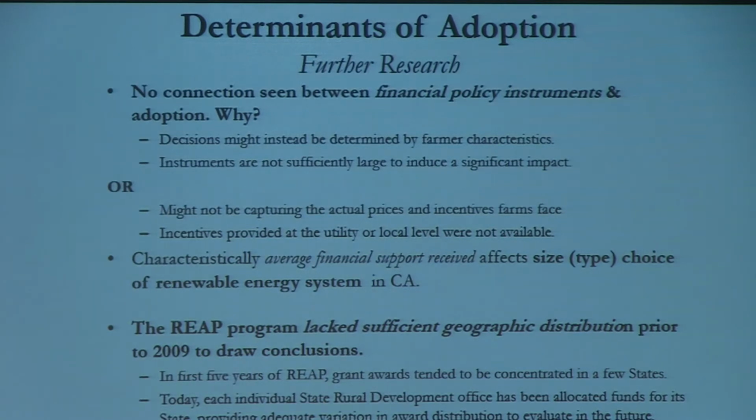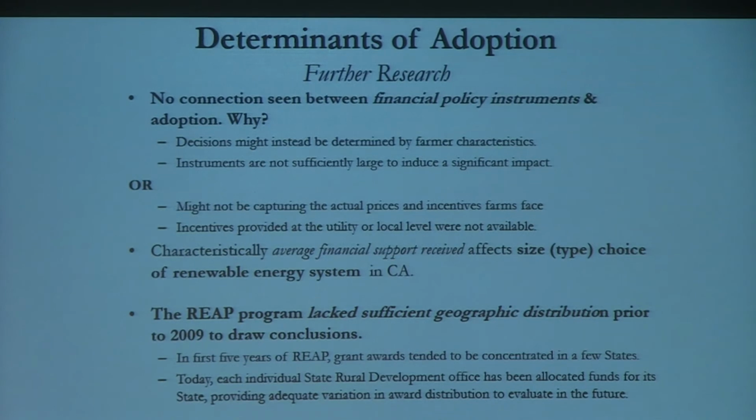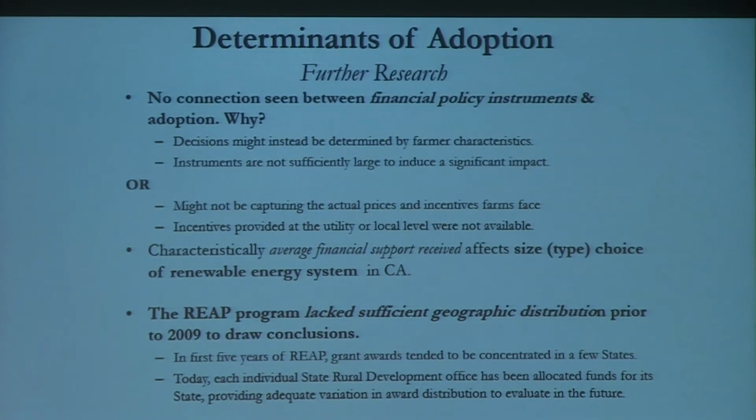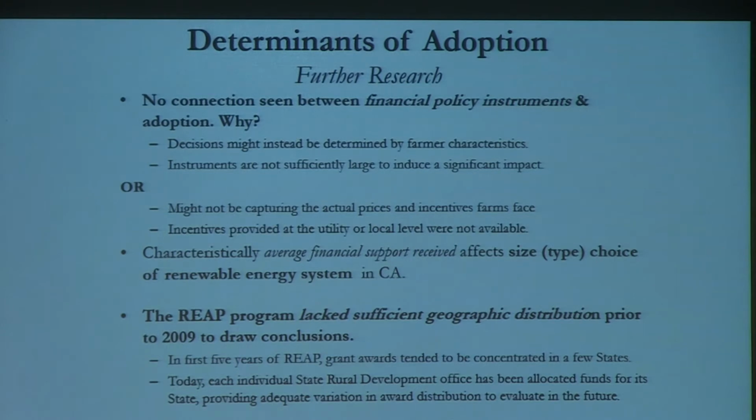In terms of other research, we are interested to figure out why we don't see a connection between financial policy instruments and adoption, especially because when we look at the average financial support received we see that it affects the size and the type that is chosen for the renewable energy system. So we do know that there is a relationship, but we don't see that it specifically impacts renewable energy adoption in the data that we have.